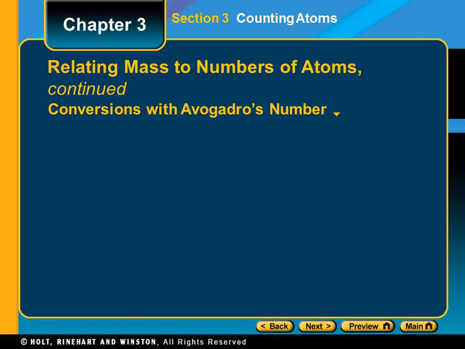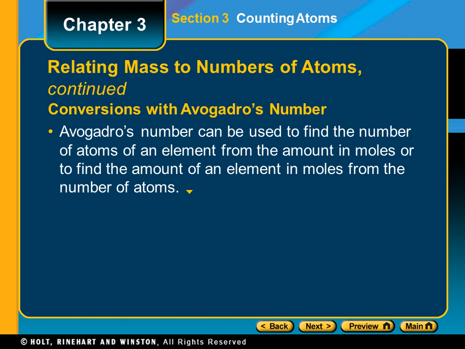Now, let's take that Avogadro's number and put that into these conversions. Avogadro's number can be used to find the number of atoms of an element from the amount in moles, or to find the amount of an element in moles from the number of atoms. So this takes our conversions all the way out to the next level. By using Avogadro's number, we can go from number of atoms all the way out to grams.